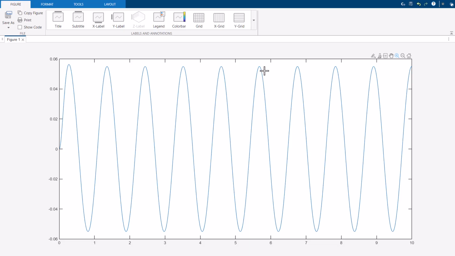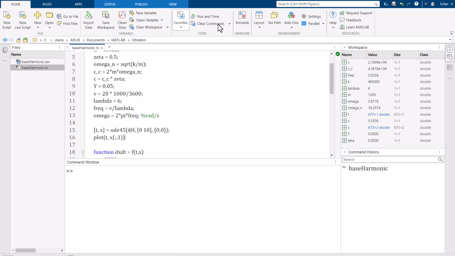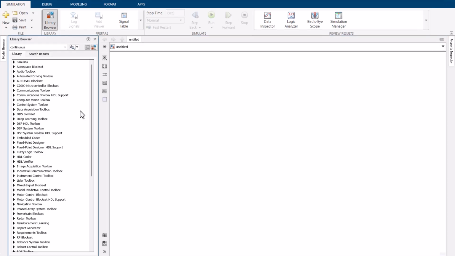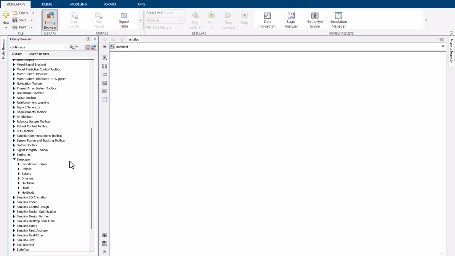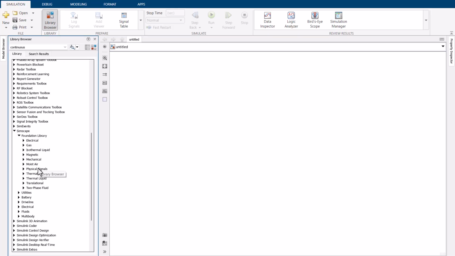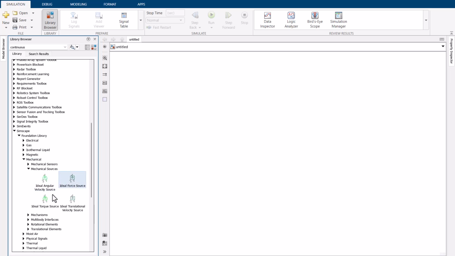And I'm going to run the same system in Simulink. So I open Simulink and I look for Simscape. Okay, so in the previous tutorials, when I wanted to simulate mechanical vibration systems, I went to the mechanical library. But under mechanical sources, there is no block to simulate an ideal motion of a surface.